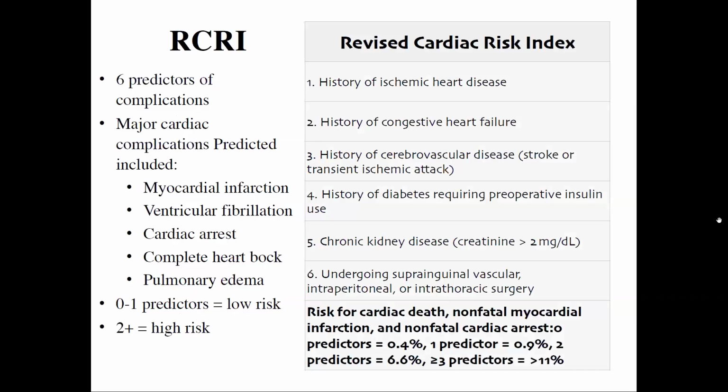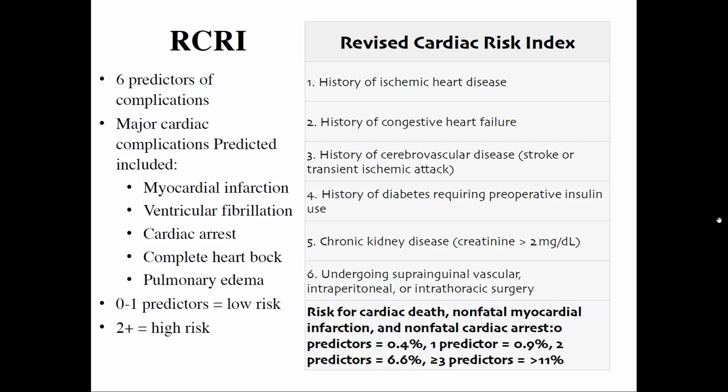All right, so what is RCRI? You're looking at, do they have history of CAD, CVA, CHF, diabetes on insulin, or creatinine over 2? And then you look at the type of surgery, because suprainguinal vascular, intraperitoneal, intrathoracic are higher risk than low risk. So that's their version of, is it intermediate or high risk surgery?